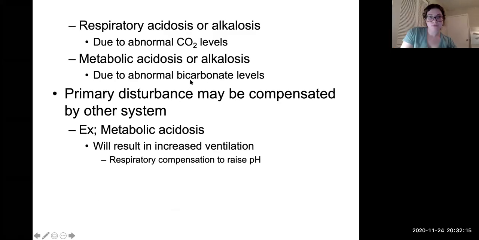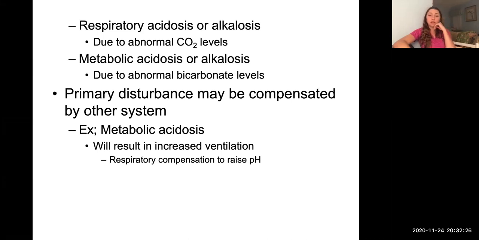Okay, so this is what I was talking about before. Respiratory disturbances are due to abnormal CO2 levels. Metabolic disturbances are due to abnormal bicarbonate levels. Like I said before, a primary disturbance may be compensated by another system.